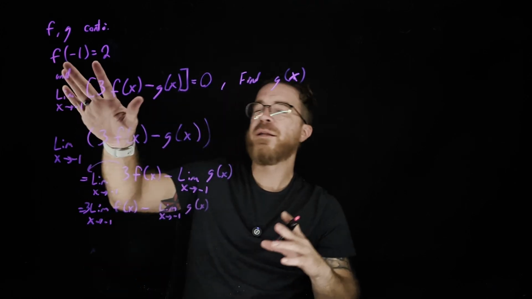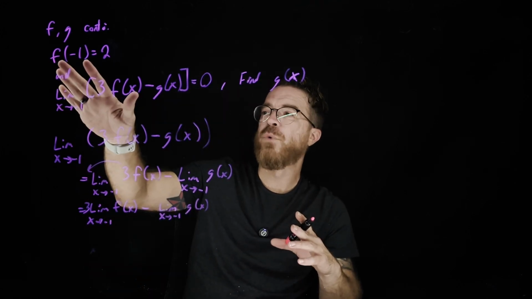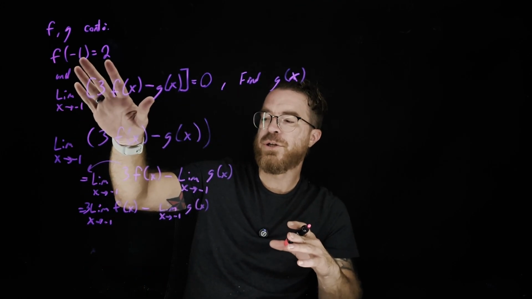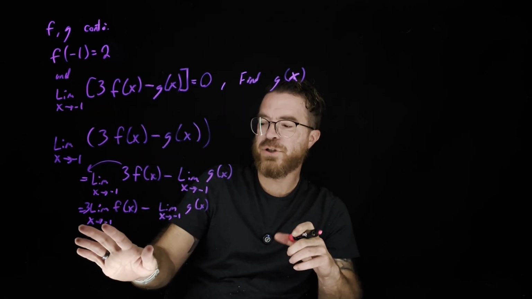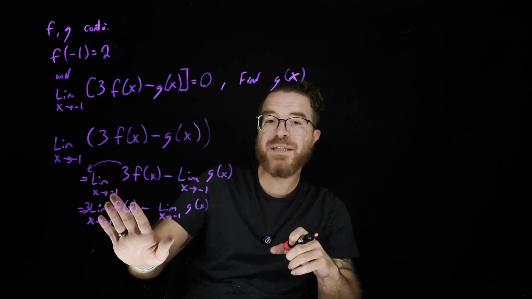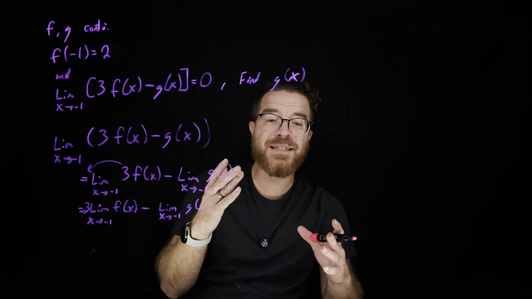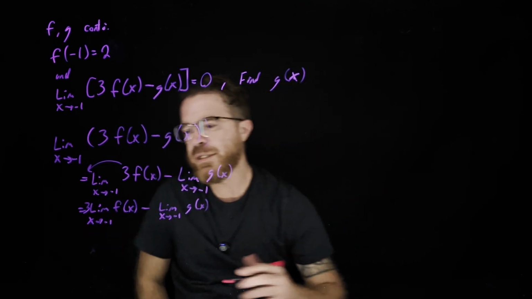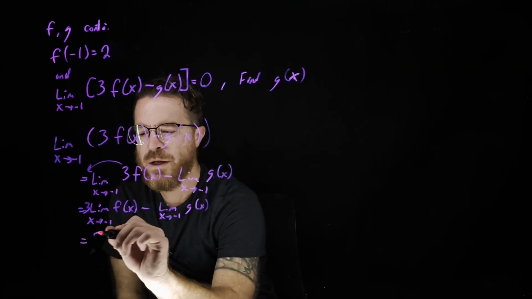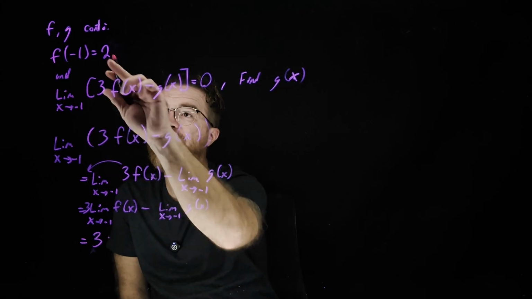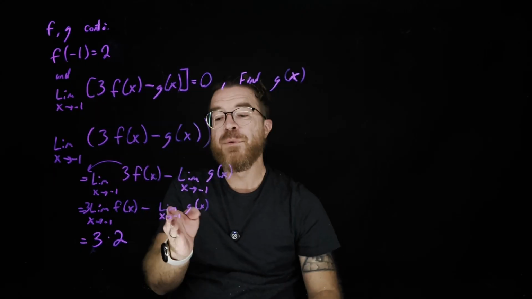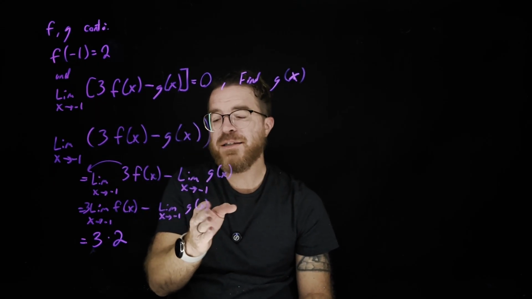Now, based on the facts that we were given, f of -1 is equal to 2. And if we have a limit as x approaches -1, what we can do is plug that -1 in. And as long as it exists, we'll be able to get the limit. So this is going to end up being 3 times, plug in -1, which is going to give us 2. And if we were to plug in -1 into this g of x, we'll just replace that.